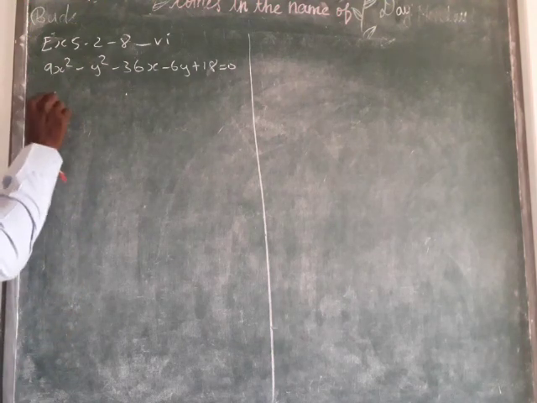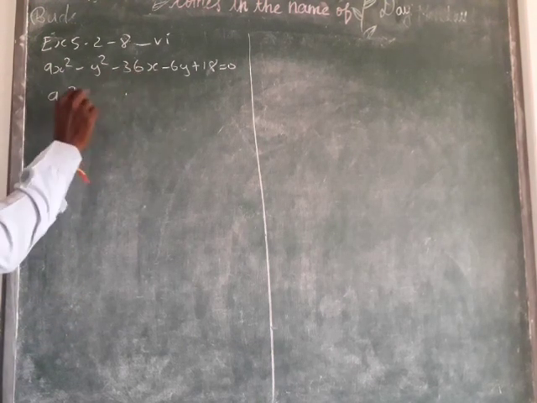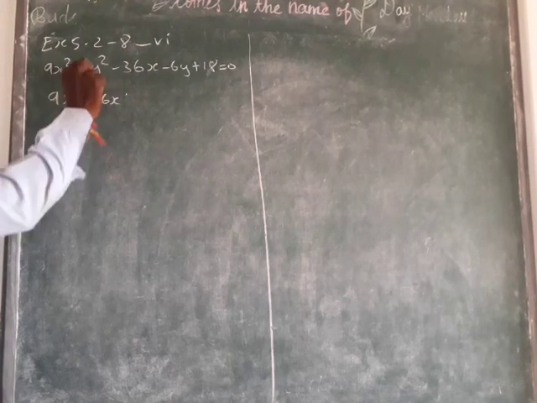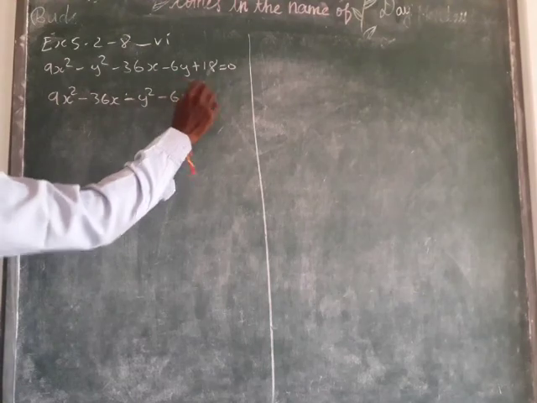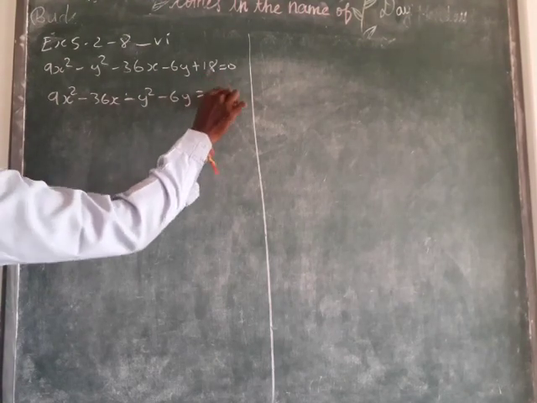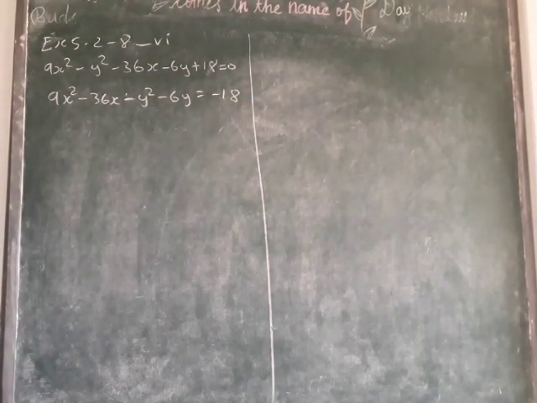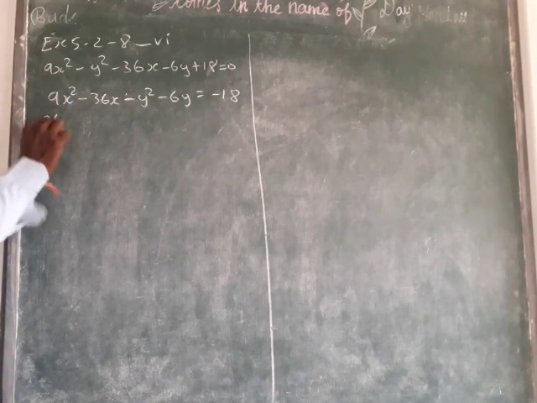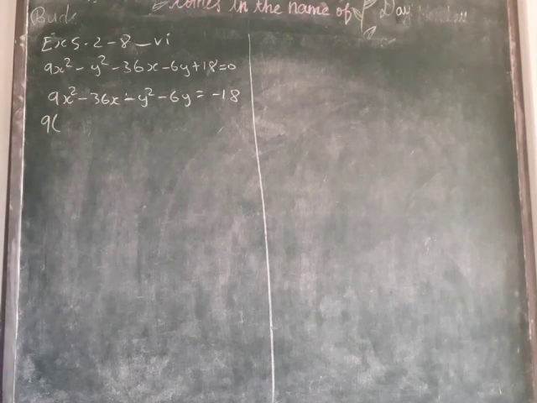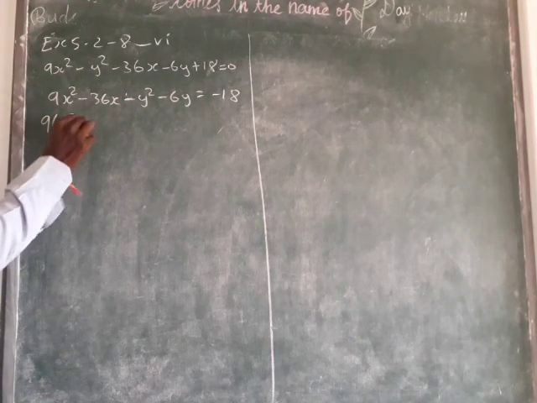Here x squared is there, so 9x squared, then arrange with the x term, 36x, then minus y squared with the y term, minus 6y, then bring the constant term here, minus 80. Now we want the coefficient of x squared to be 1. Here 9 is there, so take 9 common from the x terms: x squared minus 4x.